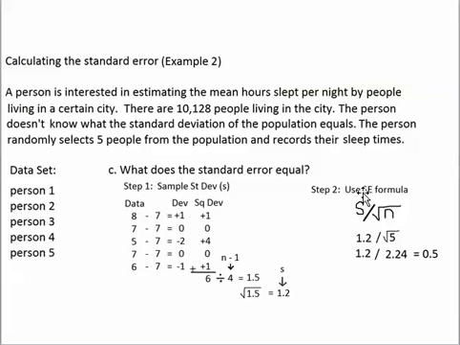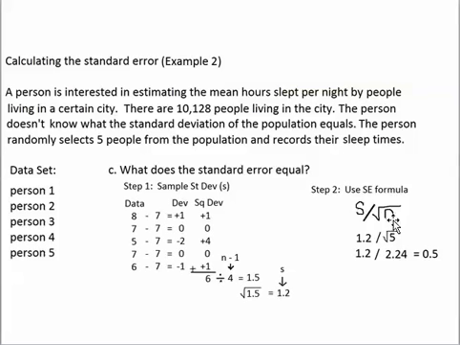So we're going to use this formula right here, sample standard deviation divided by the square root of n. This is the formula that's used when you're calculating a sample mean to estimate a population mean, and the population standard deviation is not known.